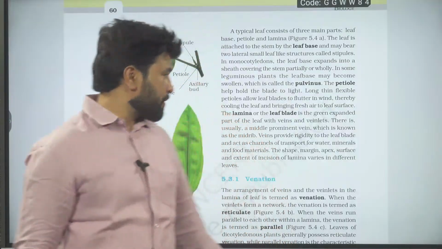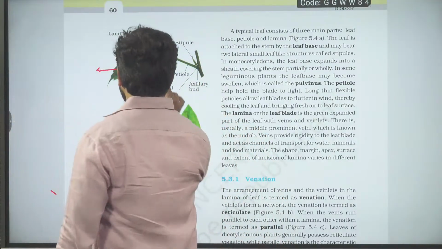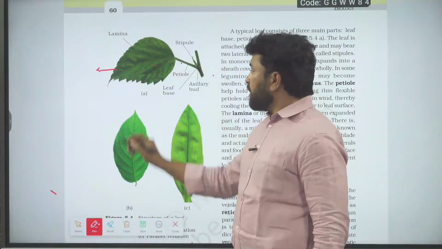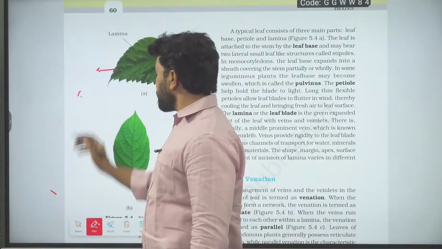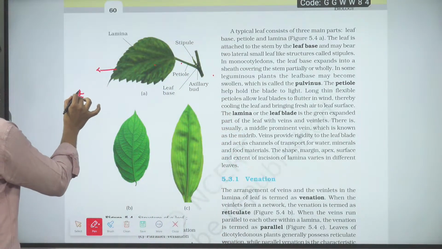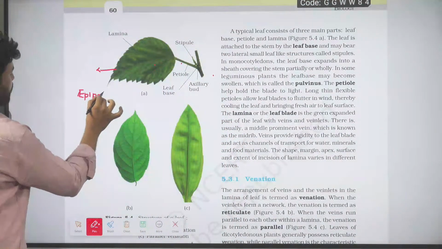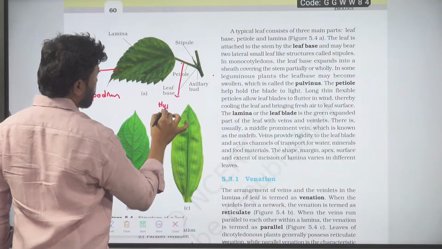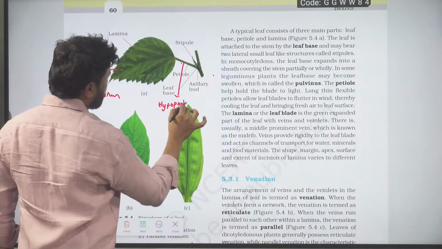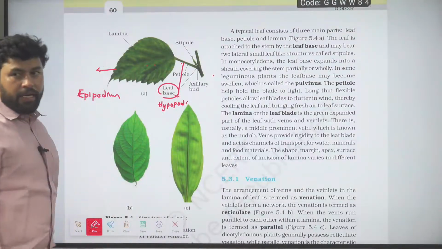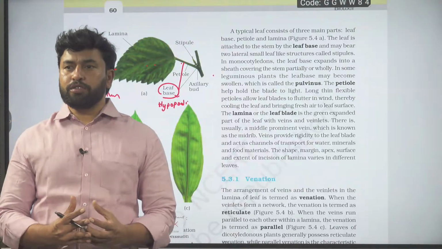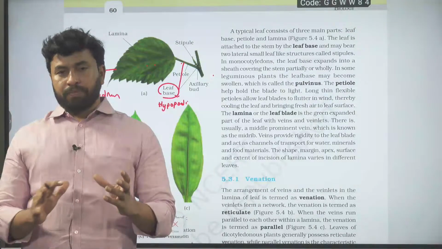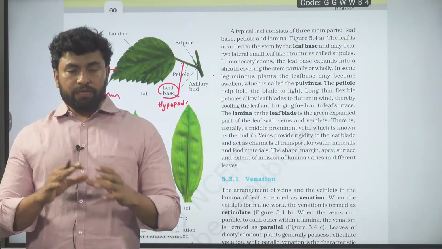Then come back. If you take a leaf, this is the leaf lamina and the leaf petiole. Leaf lamina is also called epipodium, and the petiole is called hypopodium. The leaf blade is mainly an elaborated structure responsible for trapping light and also for transpiration.